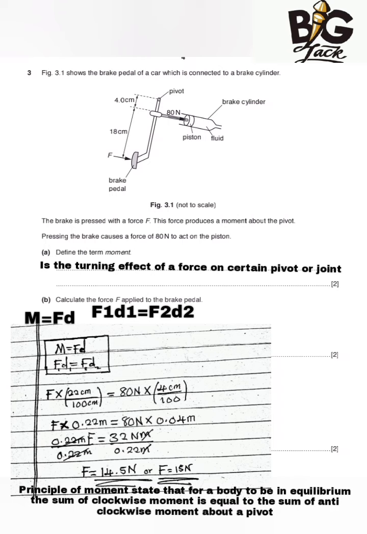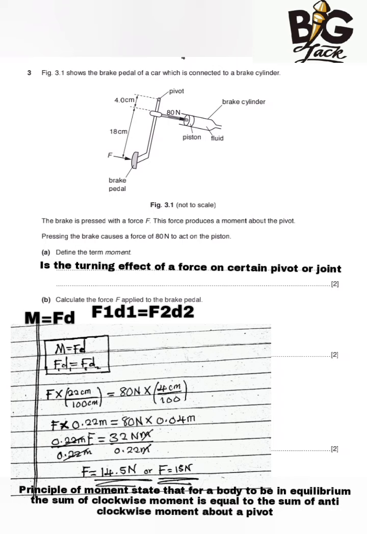But the shorter the distance from the pivot, the larger the force you are going to apply. Let me repeat: the shorter the distance from the pivot, the larger the force, but the longer the distance from the pivot, the lesser the force.